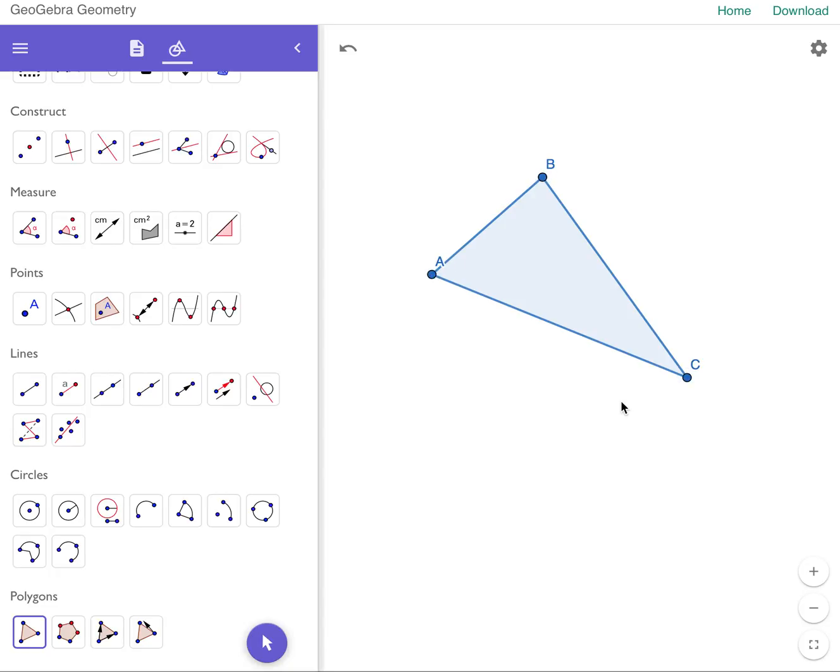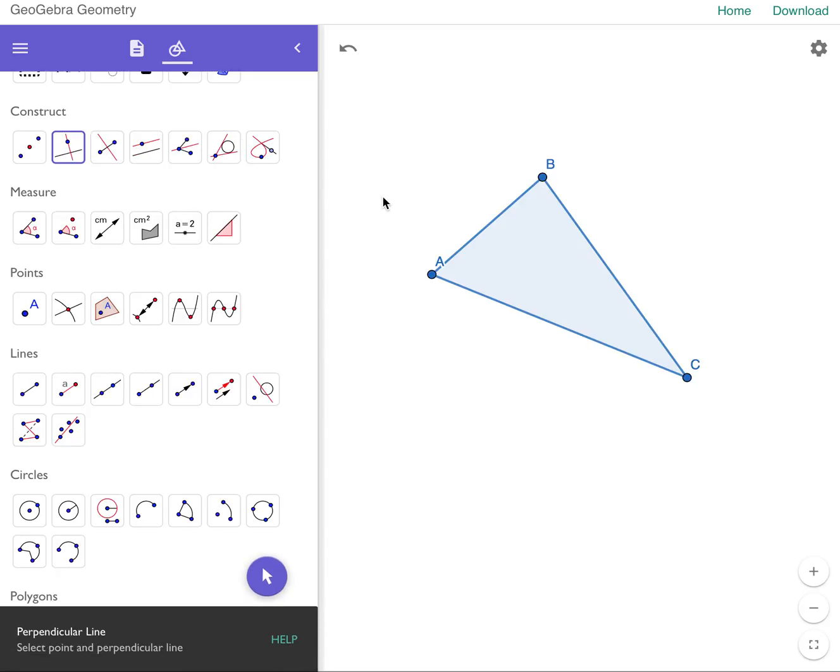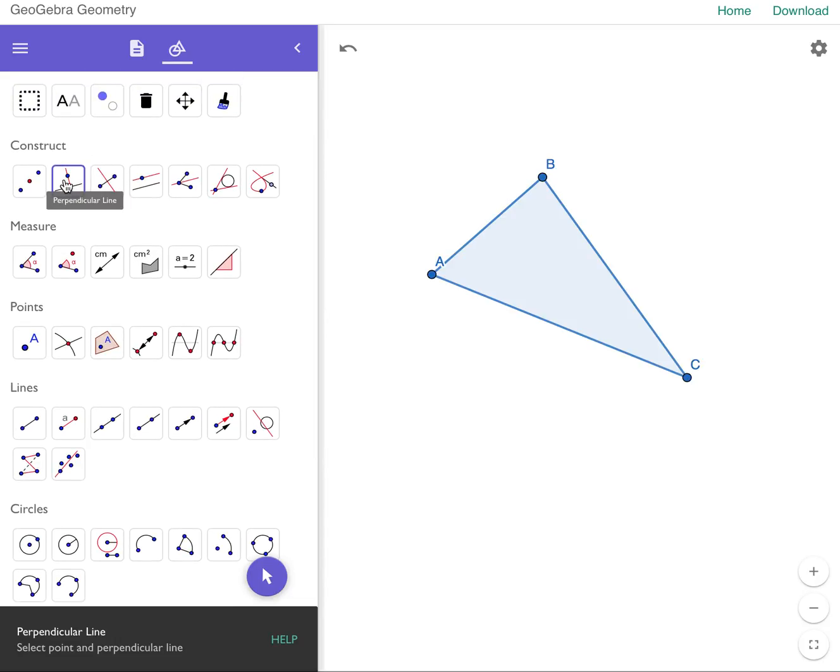Okay, we're going to be constructing the perpendicular bisectors for each of the sides. So there's a tool for that. It's not the perpendicular line tool. It's the one where you have to select 2 points so that it finds the exact center between those 2 points and then constructs the perpendicular from there.